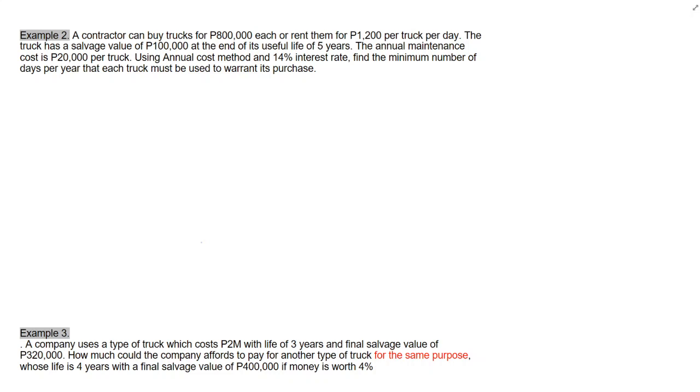So we represent the minimum number as n. Writing the given, for the first cost, that is equal to 800,000.